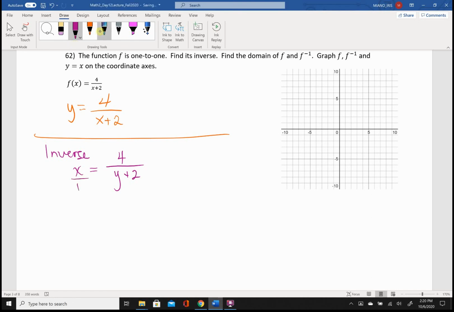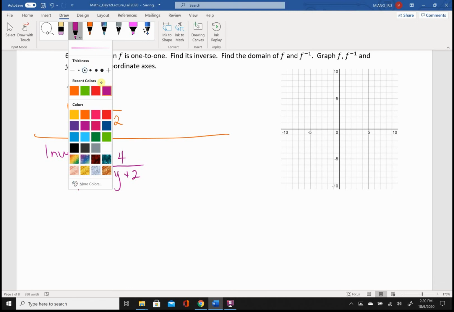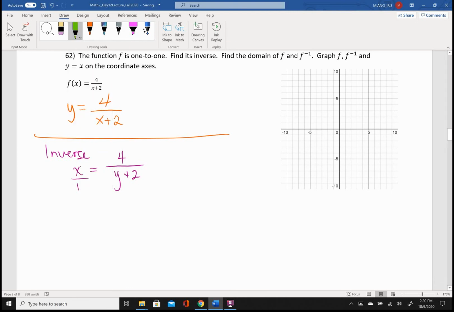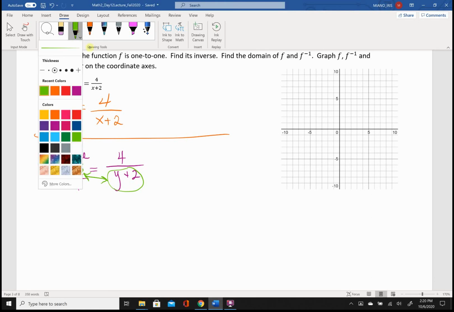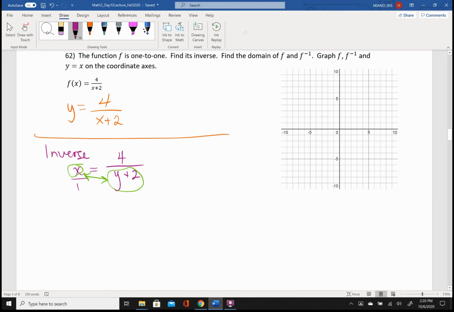I know this is going to be a little jarring for folks, but you can switch the numerator of one side of the equation, and yes, I did throw it over a 1 to force it to look like a numerator, with the denominator of the other side. It's the same thing you'll get if you multiply both sides by the quantity y plus 2, and then also divide both sides by the quantity x. So in doing so, we will be left with the following.